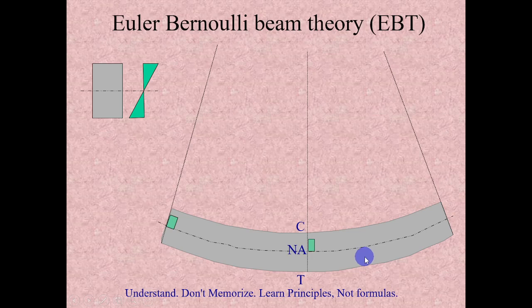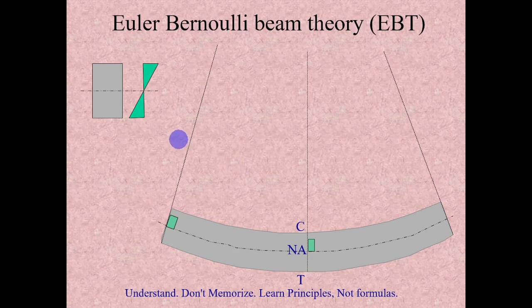Isotropic means irrespective of the direction in which force is applied, the physical property and behavior will be the same. That is common for both Euler Bernoulli beam theory as well as Timoshenko beam theory.